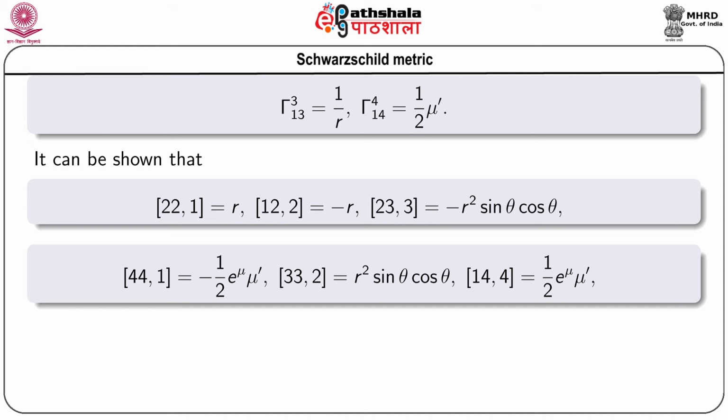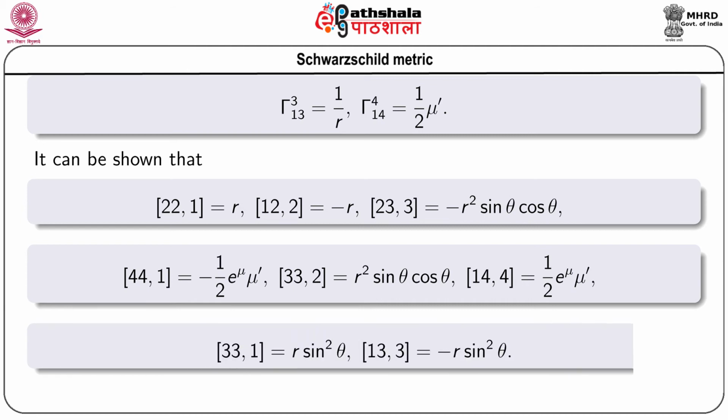The Christoffel symbol of first kind for 33 comma 2 is equal to r square sin theta cos theta, and 14 comma 4 equals 1 by 2 e to the power mu dash. The Christoffel symbol of first kind for 33 comma 1 is coming to r sin square theta, and for 13 comma 3 is equal to minus r sin square theta.